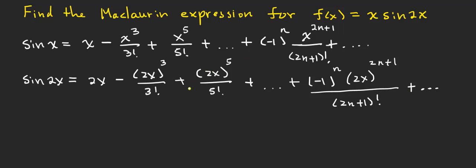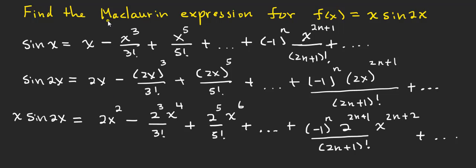Now all you got to do is multiply sine of 2x by x. So x times sine of 2x is x times this whole expression right here.